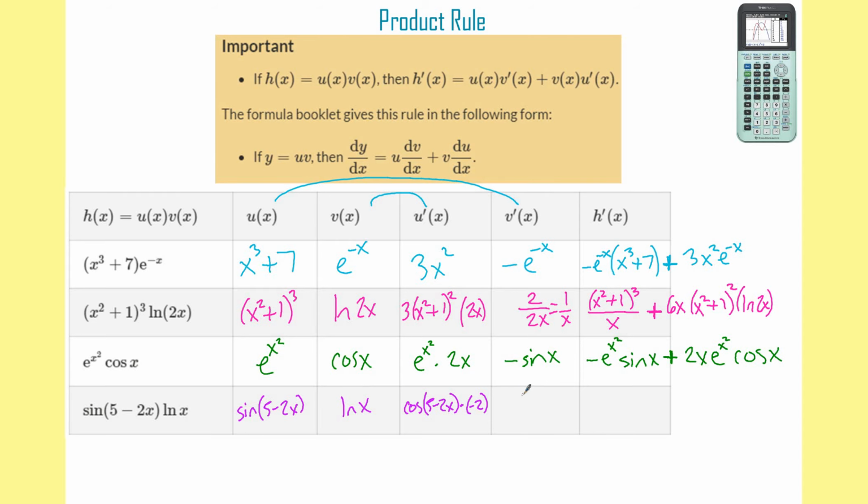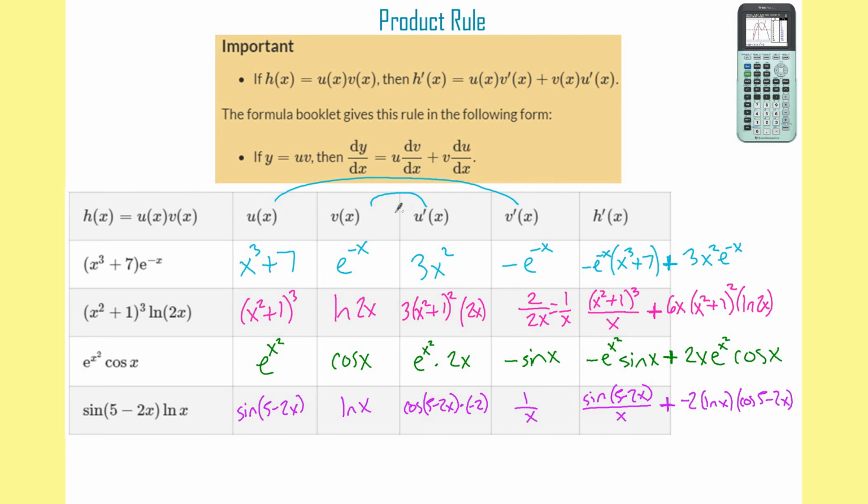The derivative of natural log of x is just 1 over x. Mix and match them: sine of 5 minus 2x over x plus, and this one's kind of gross, we're going to just try to write this nice, natural log of x cosine of 5 minus 2x. Sorry, I know it's boring, but that's the idea.